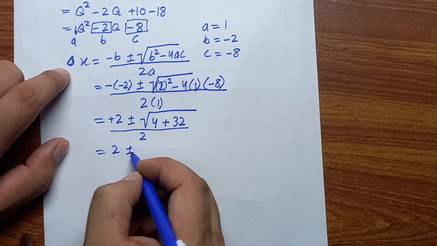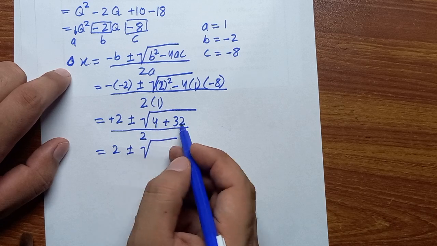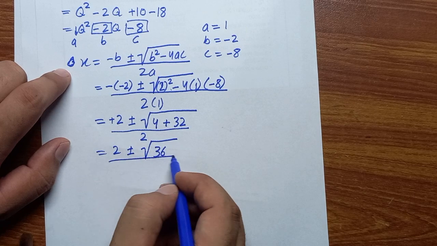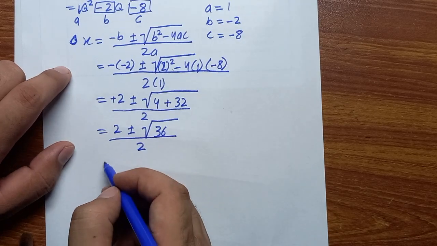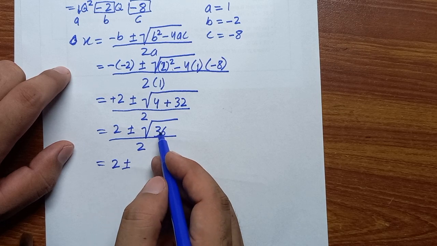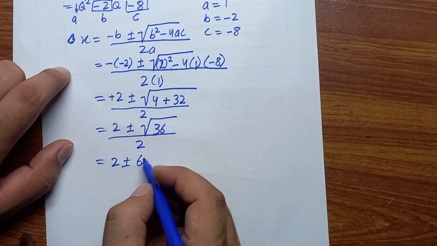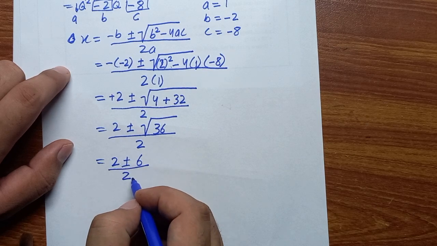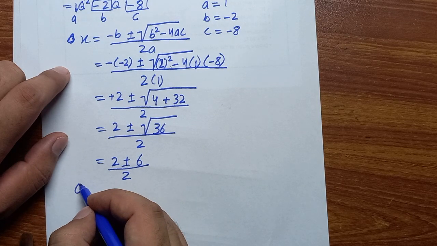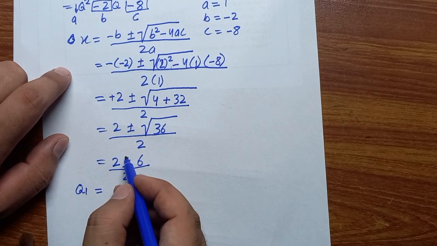2 plus minus under root, when we add these two, we will have 36, and 2 plus minus under root, when we take the square root of 36, we will get only 6 here, divided by 2. Now we have Q1 and Q2. In Q1, we will take the symbol as positive.